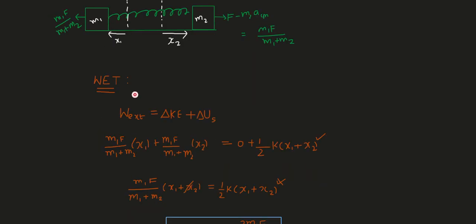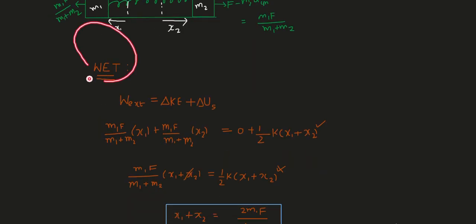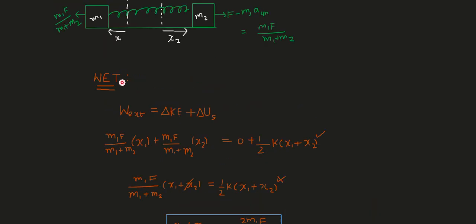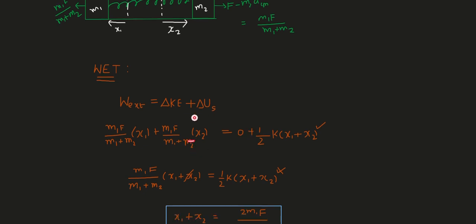Now we use the work energy theorem here. Work done by external forces equals change in kinetic energy plus change in potential energy of the spring. The work done by the two forces is force into displacement plus another force into displacement, which equals, since the change in kinetic energy is 0, the spring potential energy half k into (x1 plus x2) whole square.